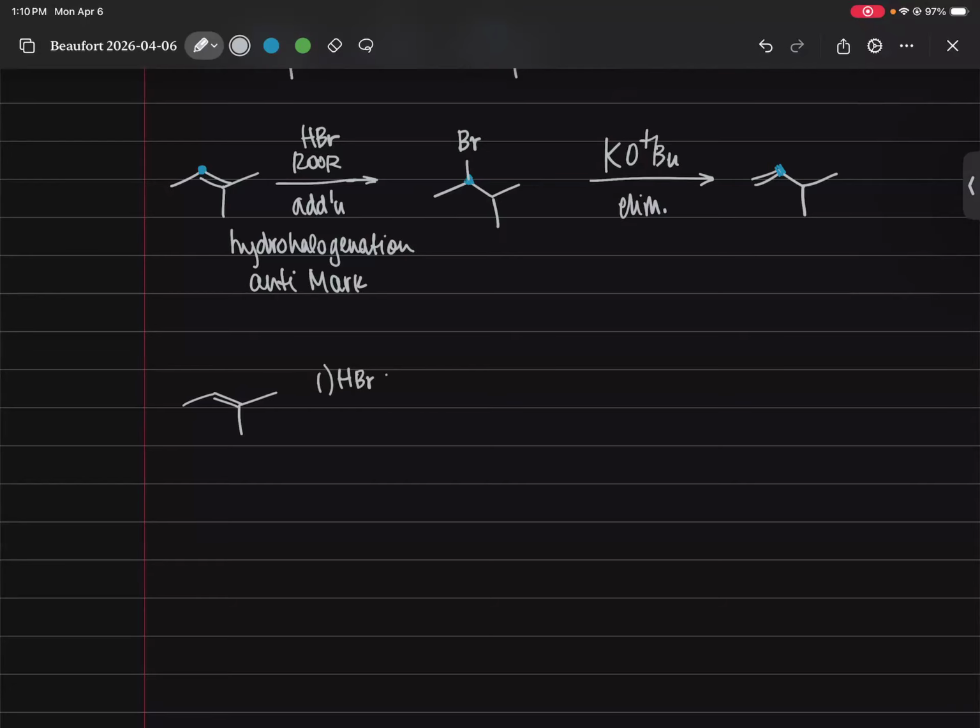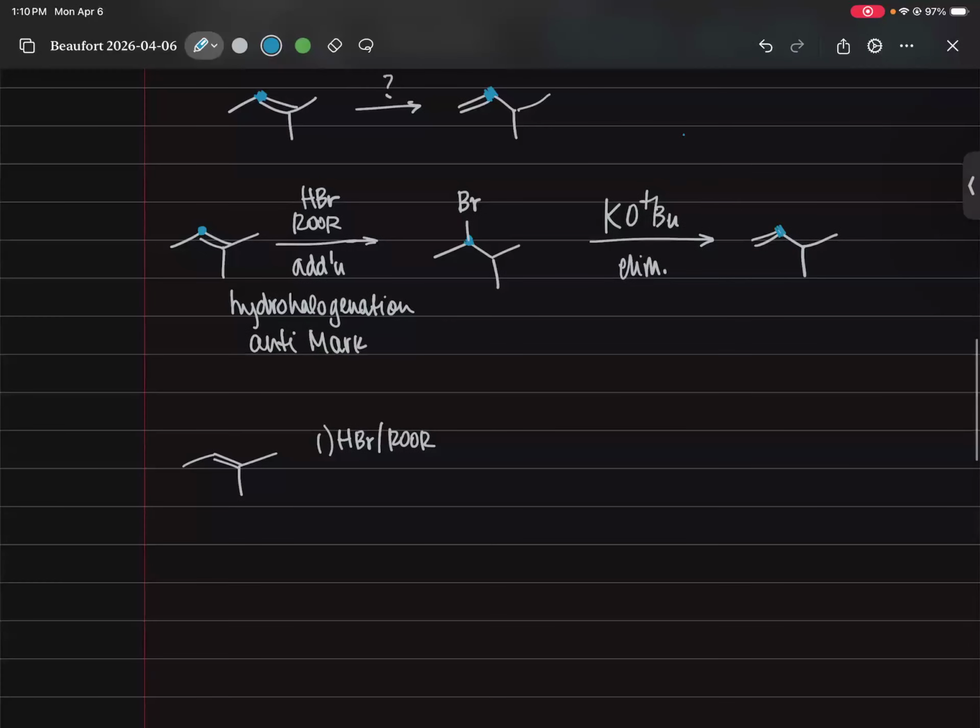Wait, so how do you get KO plus B again? So potassium tert-butoxide is this guy. The potassium is K, O there, and then this is tert-butyl.